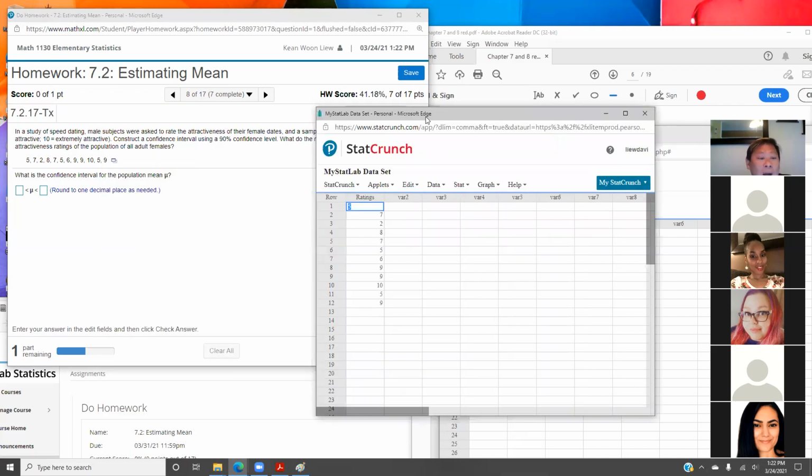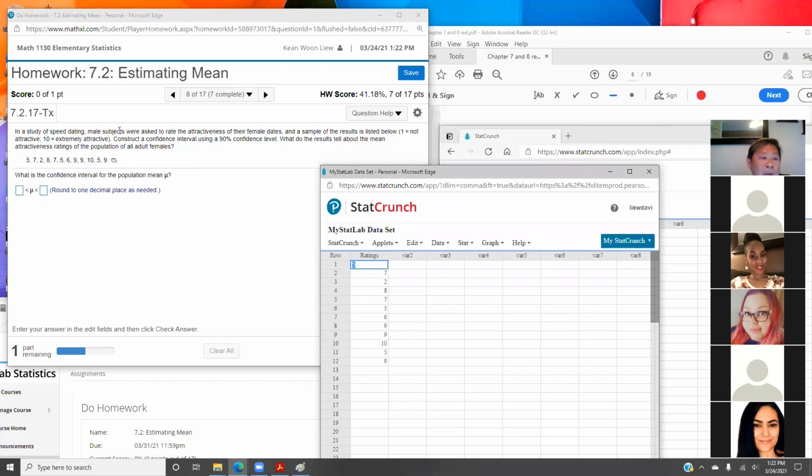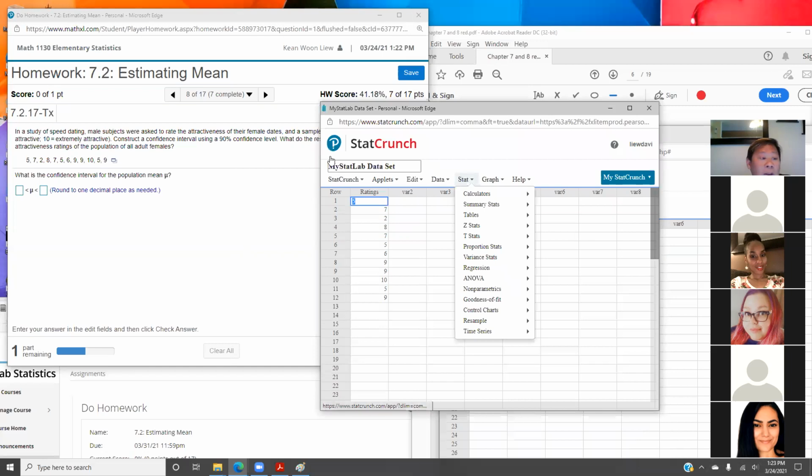In this case, this is talking about male subjects rating females on how attractive they are, 1 being not attractive, 10 being extremely. So this is for dating. This is a guy rating a female. In order for you to find this confidence interval, you go to Stat, T-stat, 1 sample, now with what? With data.